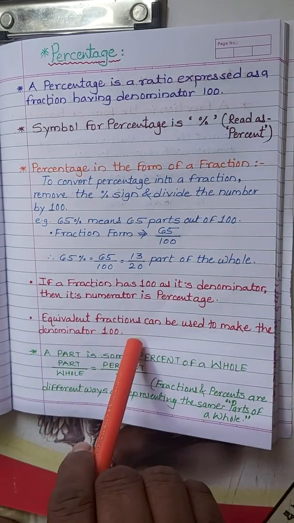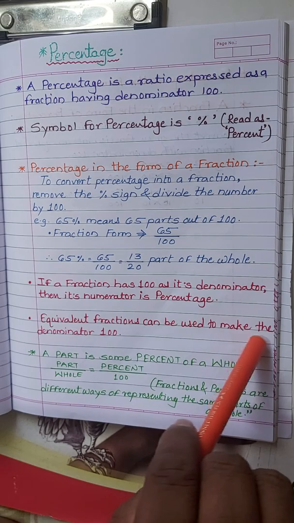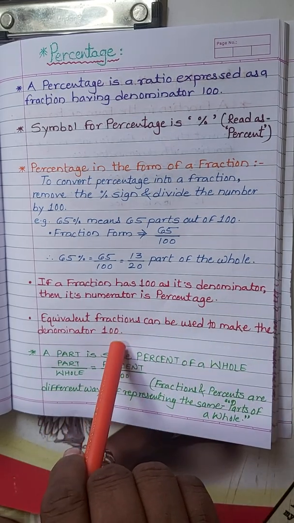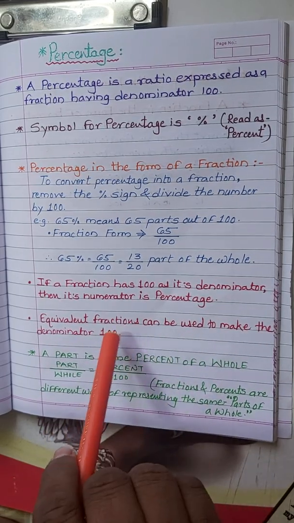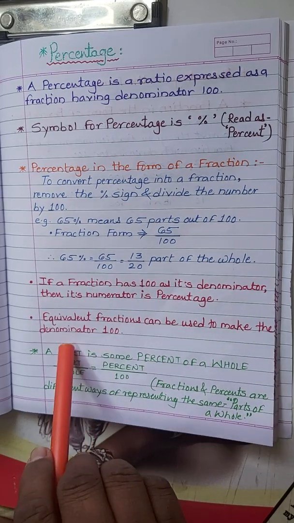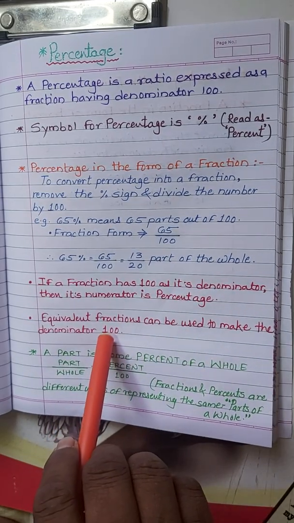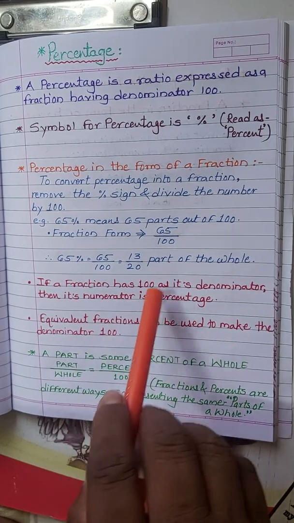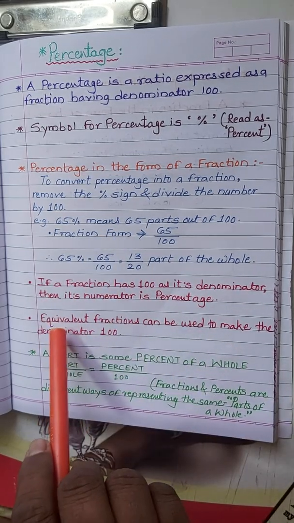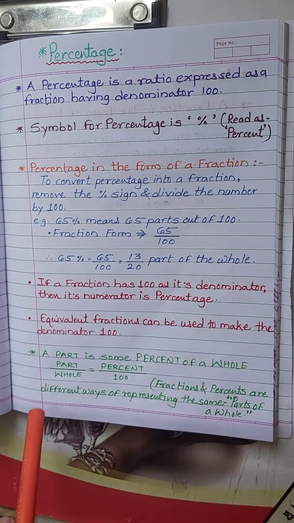Now equivalent fractions can be used to make the denominator 100. Equivalent fractions, that you learned. If in the given example the denominator is not 100, we have to make the denominator 100 to find out the percentage, so we use the equivalent fraction then.